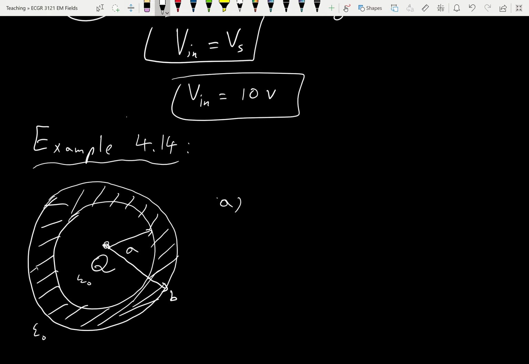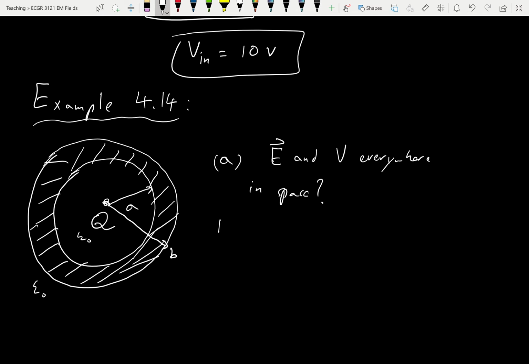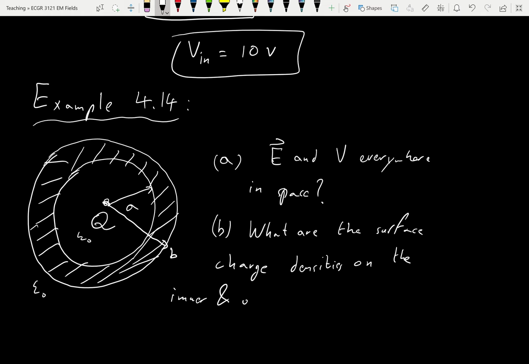The question is the following. A, what is E and V everywhere in space? That's what we want to find. And B, what are the surface charge densities on the inner and outer surfaces of the conducting shell?